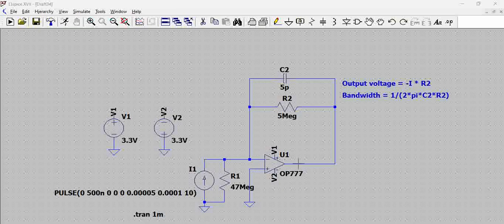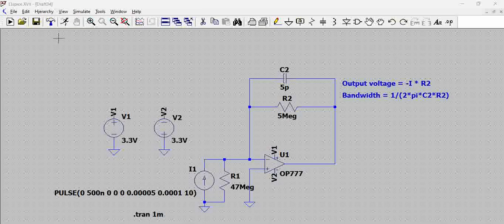Otherwise, you miss out on that resolution and you may not be able to detect the input voltage. And ultimately, what you see here at the output is noise which is not the true reflection of the sensor output.